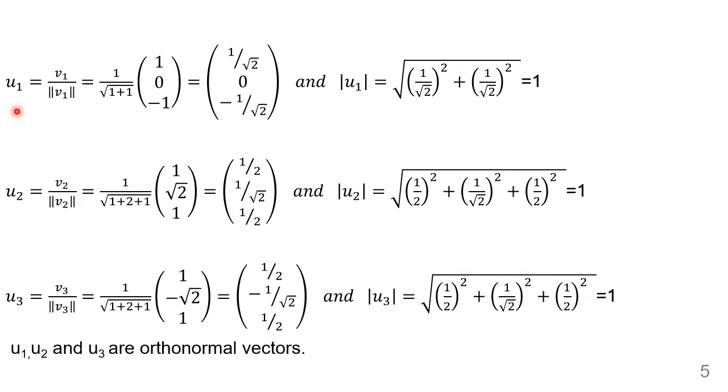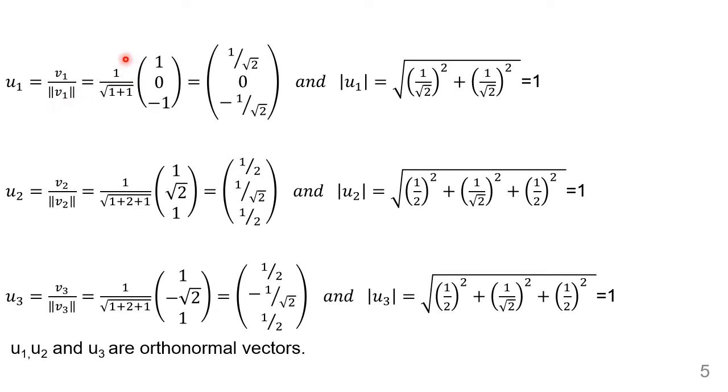The second condition is that we have to make all these vectors V1, V2, V3 orthonormal by making them unit vectors. That can be done by dividing by the length of the vector. Let us say U1 is equal to V1 divided by the length of V1.